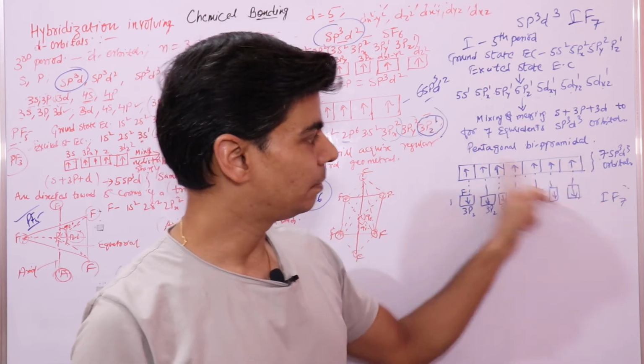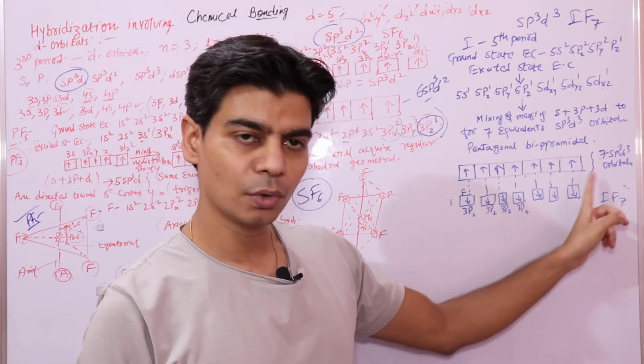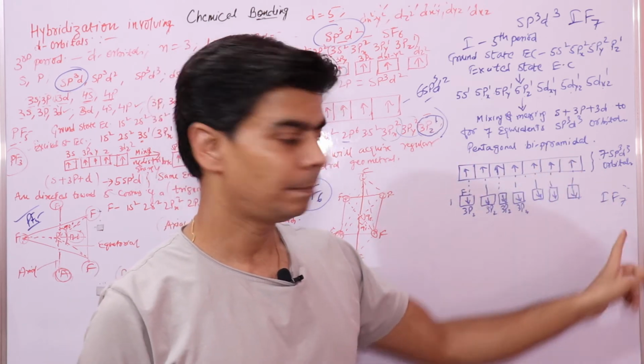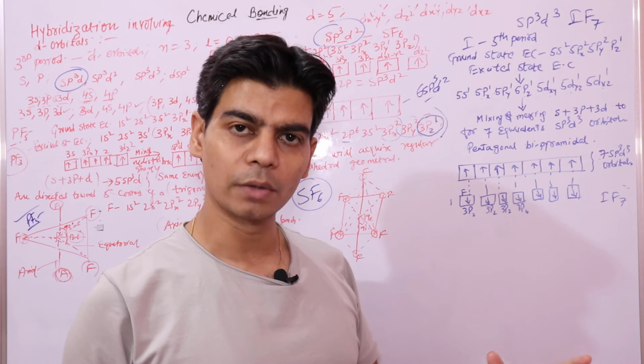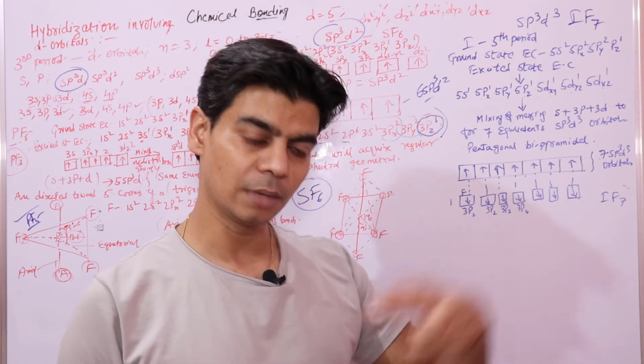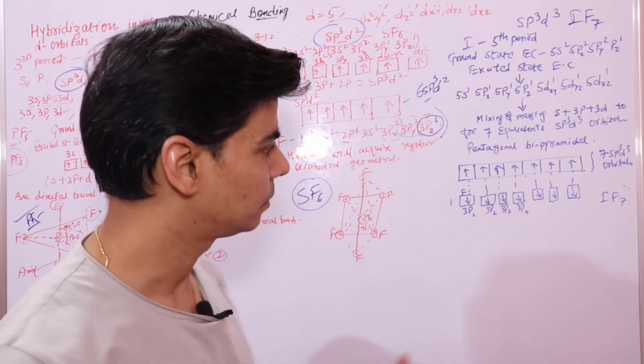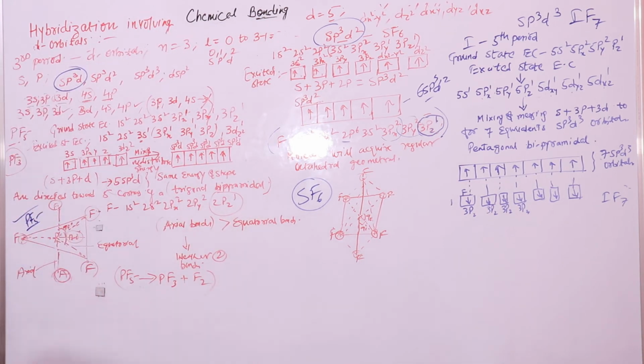In this pentagonal bipyramidal, 5 of the fluorine atoms are directed towards the corners of the pentagon, and 2 orbitals are such that one is above the plane of the pentagon and one is below the plane of the pentagon. This is how the geometry looks. Let's quickly draw it.